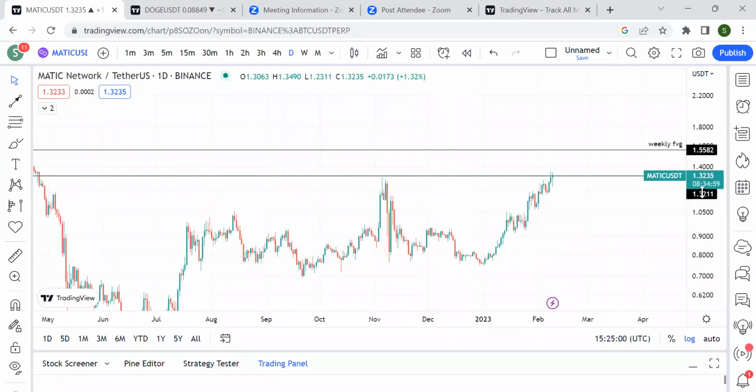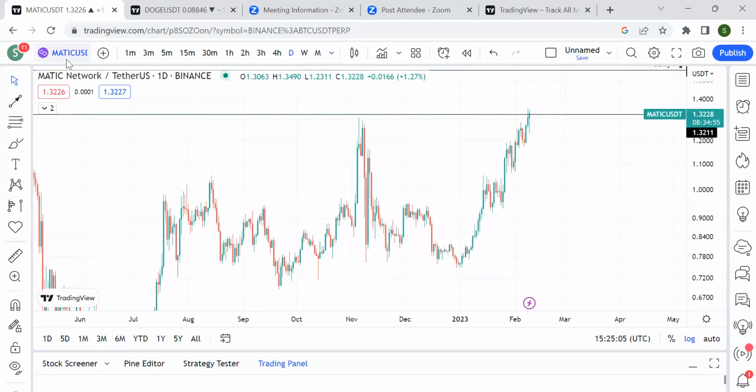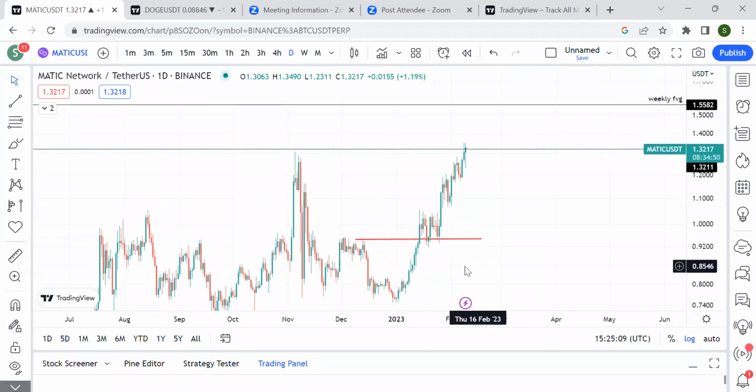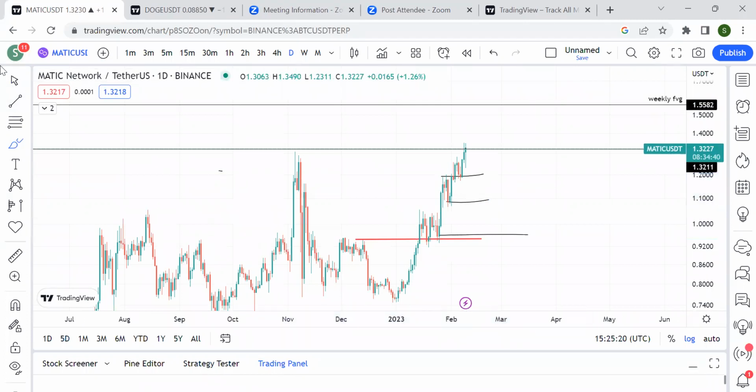Matic is bullish for now. Don't do anything with it. Wait for a pullback and then buy. Internal structure is broken here. This is the first order block here as well. This is also an order block. So Matic is bullish. Don't short it yet. Wait for the weekly FVG to fill.